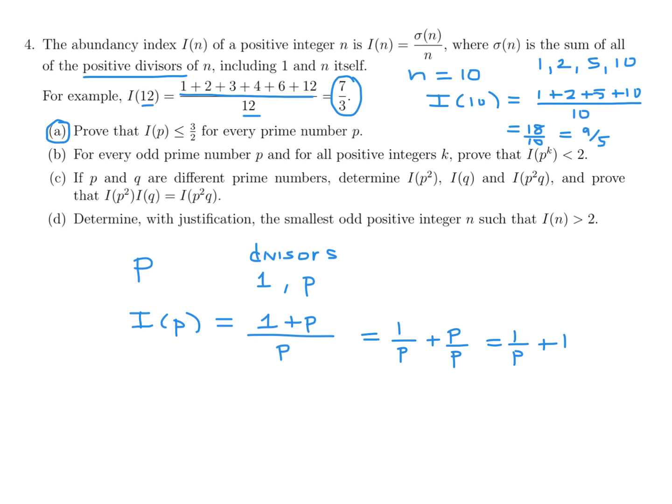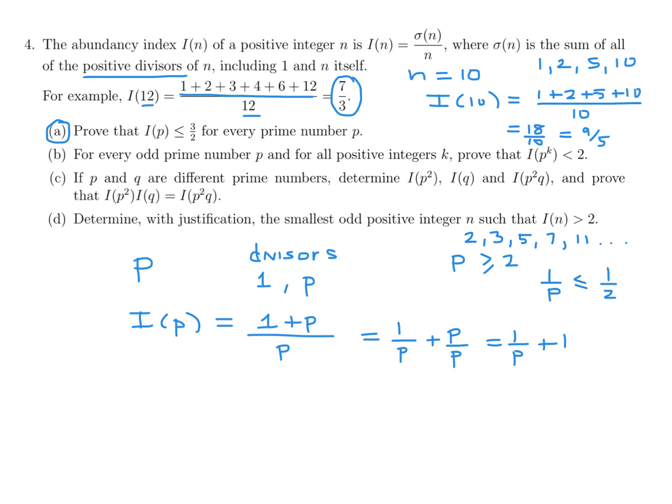Because P is a prime number, P is always going to be greater than or equal to 2, right? Prime numbers are 2, 3, 5, 7, and so on. So this means that 1 over P is always less than or equal to 1 over 2, correct?